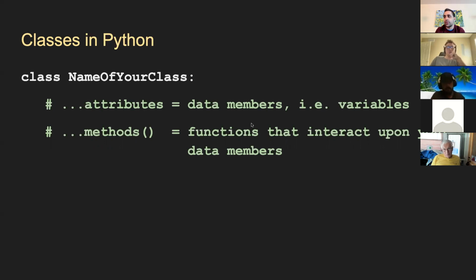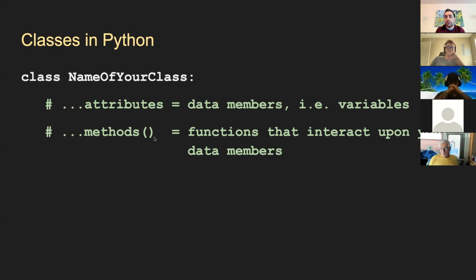There are various data members within that class. Those are called attributes. You might hear them used interchangeably: attributes, data members, or class variables. These are all the same idea. So attributes are your data members, and methods are how you manipulate those data members.